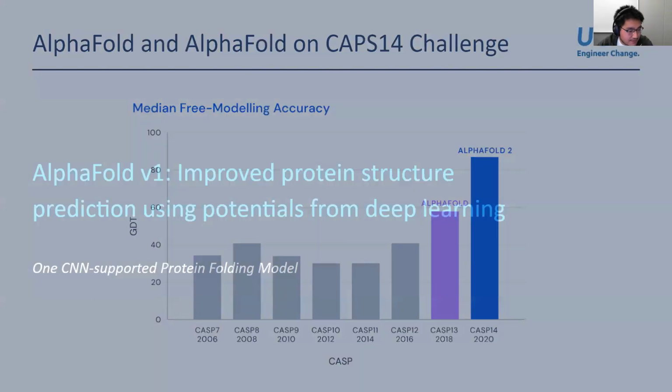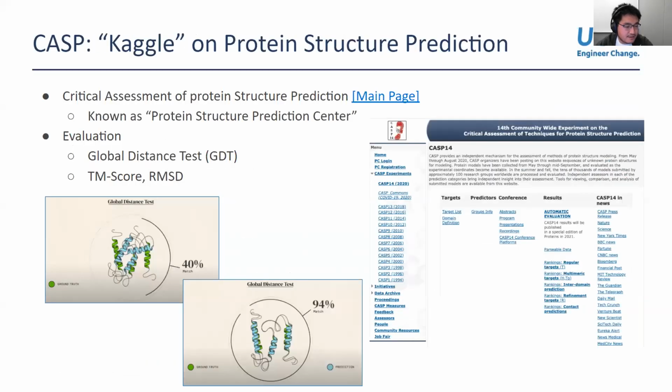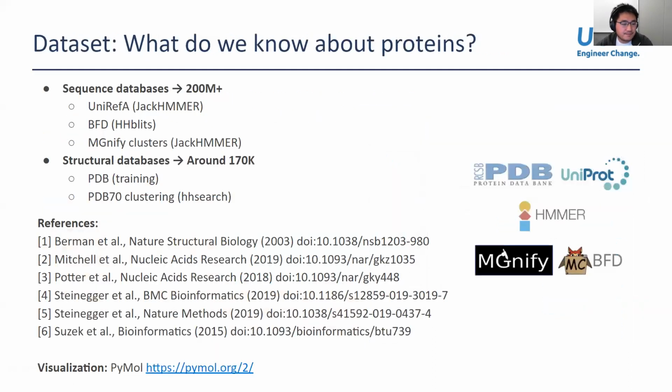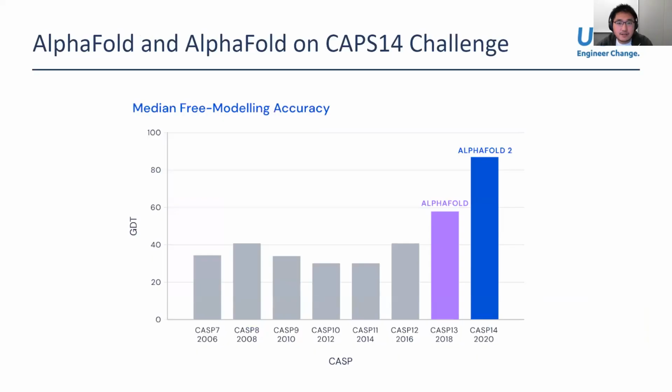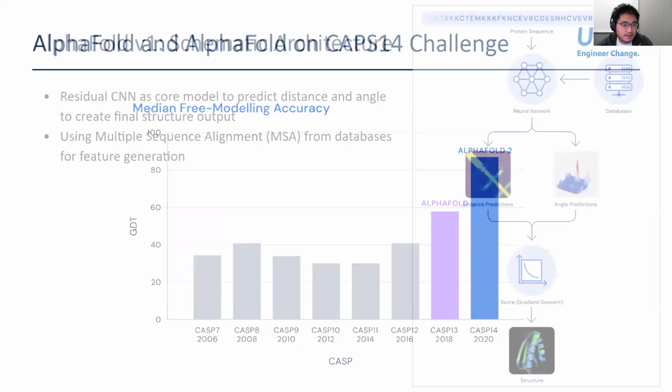Let me check. For the global distance test, if the number is over 80, we can generally infer most positions are correct, and if it is over 60, the backbone position is roughly right. So that's the impression of thresholds 60 and 80. AlphaFold 2 is over 80 and gets really astonishing performance.